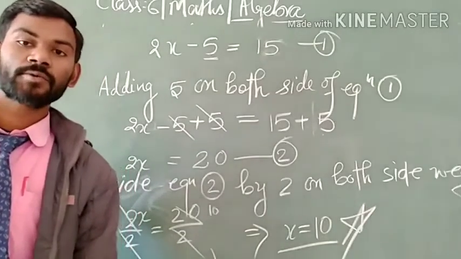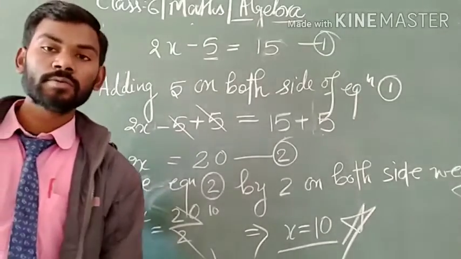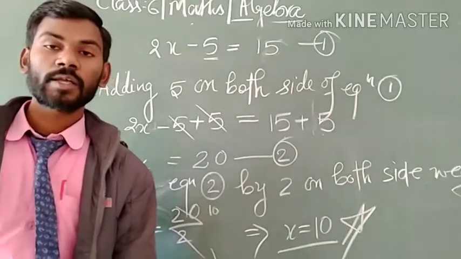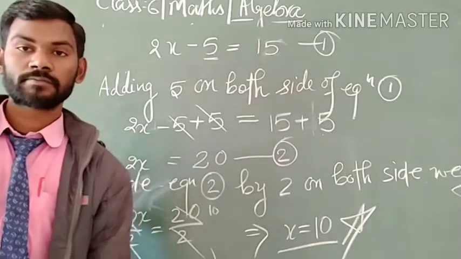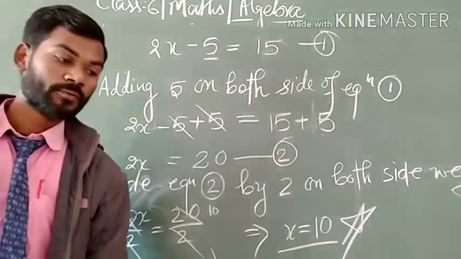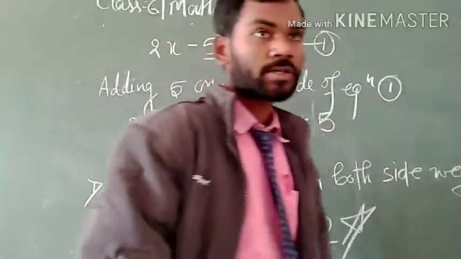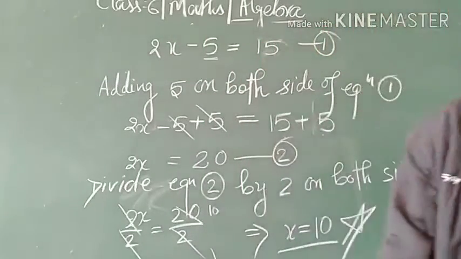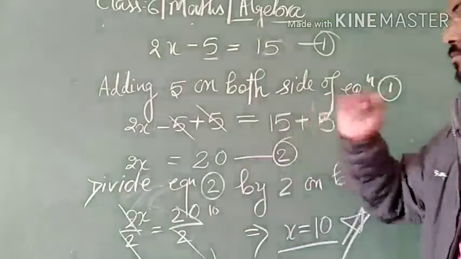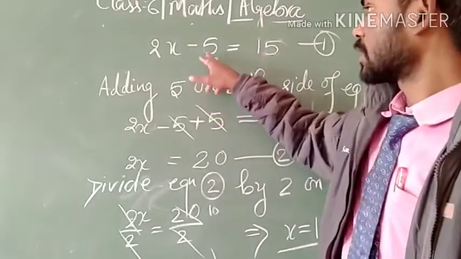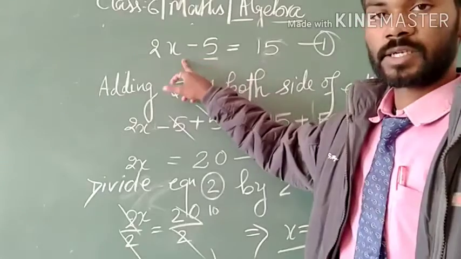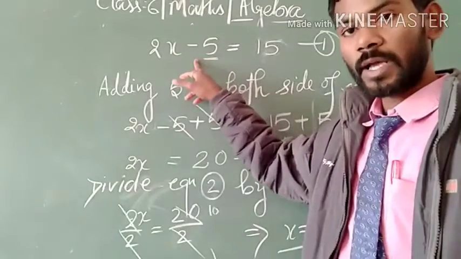Therefore, we need to remove these two constants in order to free the variable. For this, we follow the simultaneous operation method as written here. So first of all, we can see that 5 has been subtracted from 2x.